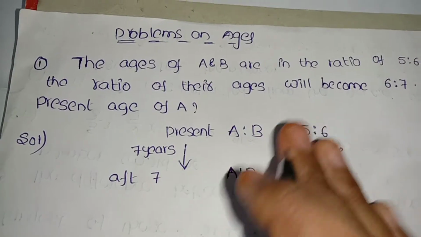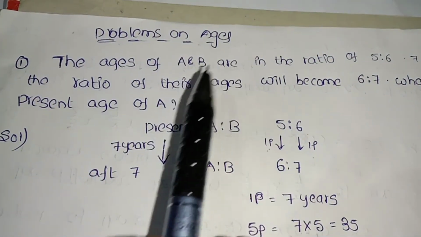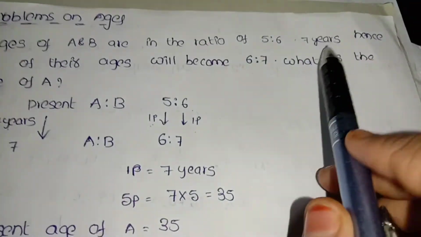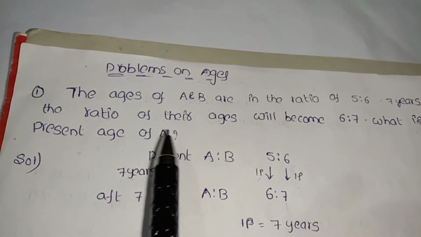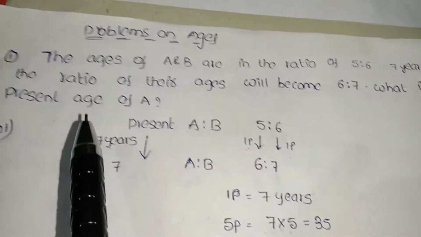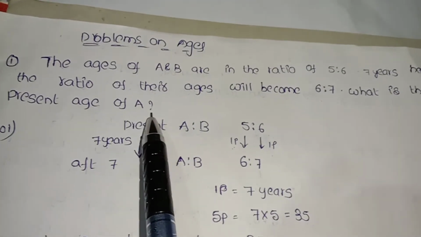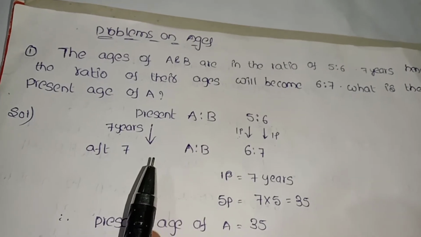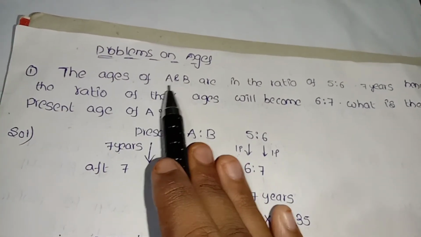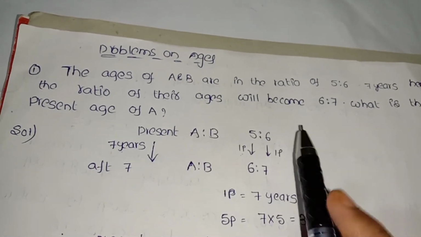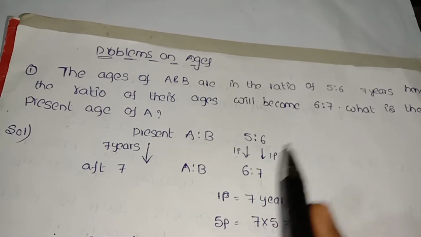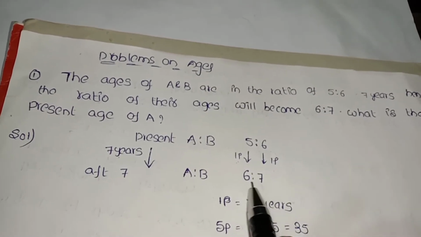Problems on ages. The first example: the ages of A and B are in the ratio of 5:6. After 7 years, the ratio of their ages will become 6:7. What is the present age of A? Okay, let us start. The present age ratio of A and B is 5:6, and after 7 years, the ratio is 6:7.